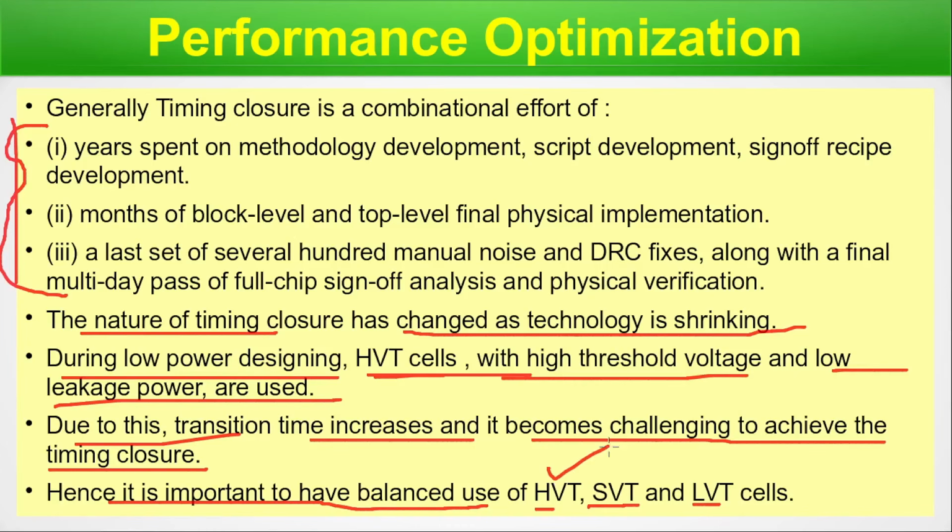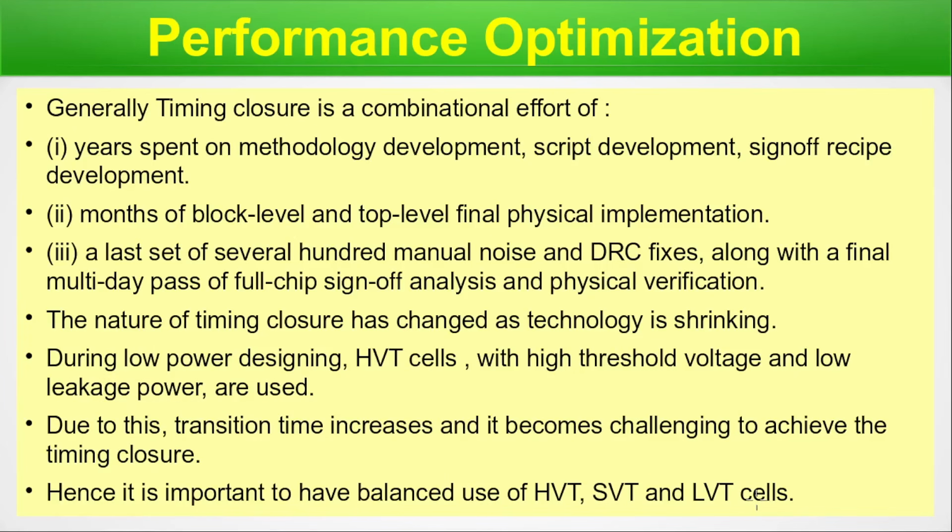HVT is high VT, LVT is low VT, and this one is, I think, super low VT or something. You will find all these terms and their full names in your StdCell library. From the vendor from whom you are receiving the StdCell, you should ask what the full form of all of them is. You may have different names from one vendor to another; these are generic names that I have talked about. Specific names may differ, so you have to cross check all of them.